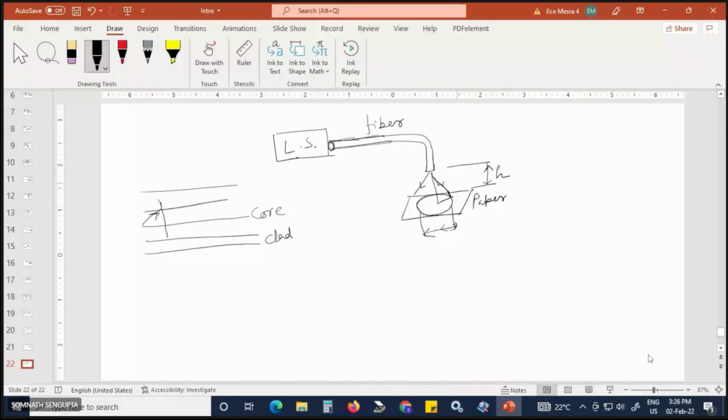The light propagation is at 90 degrees, and this is theta c, but this is inside the optical fiber. And I am talking about outside. Can you tell what this angle is?